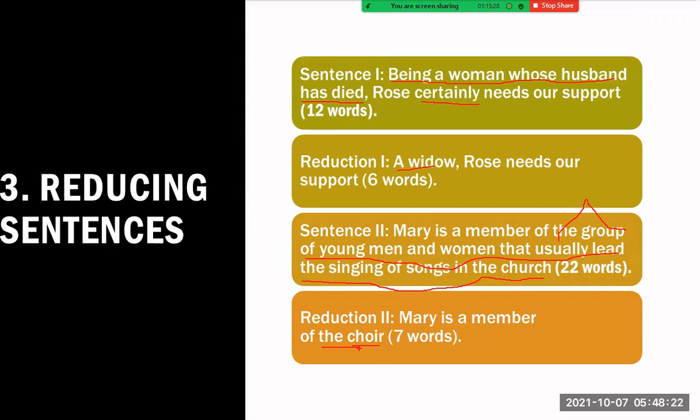All right. So here we have 22 words, and then we simply reduce it to 7 words. Mary is a member of the choir. All right. So we have 7 words. You can see very powerful methods of reducing words. Now let's look at the next example.